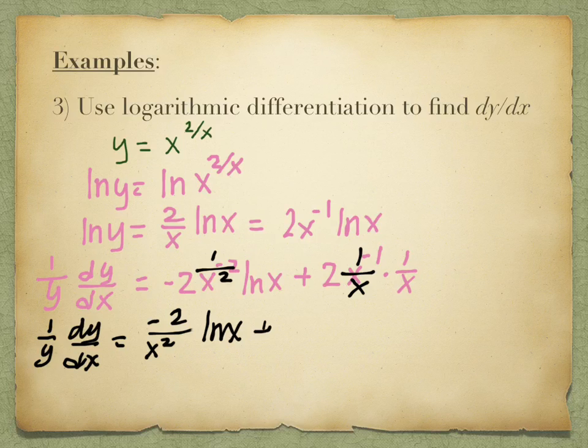And then over here I have plus, and I have a 2 on top. And what's on bottom? x squared, actually, right? I have this x, and I have this x. So x squared. Happy day, the denominators match.